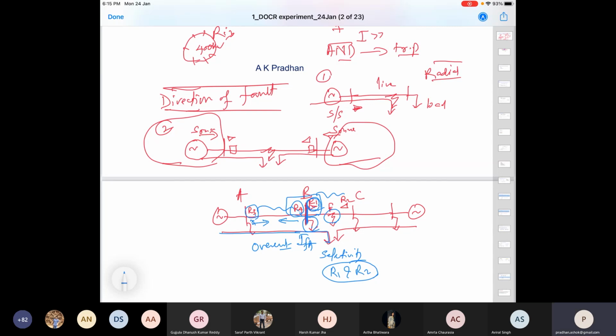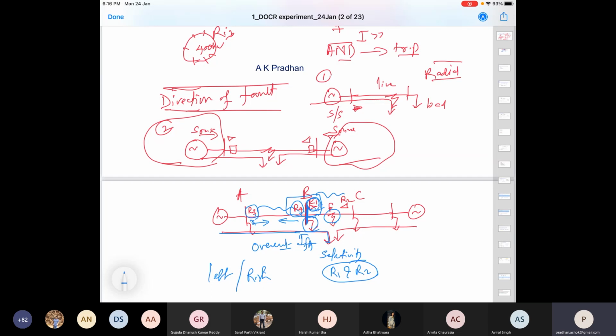To discriminate that, the corresponding R1 and R4 relays should see whether the fault at this bus is to the right or to the left. If you can discriminate that, then if it is a right fault, R1 will take care.